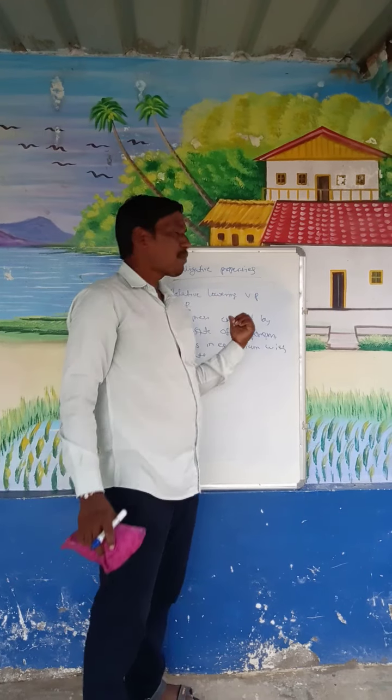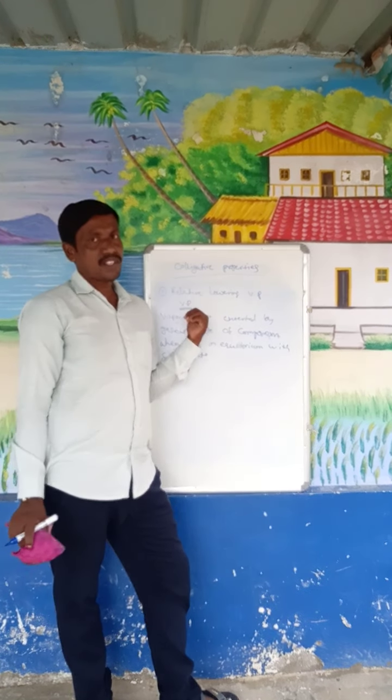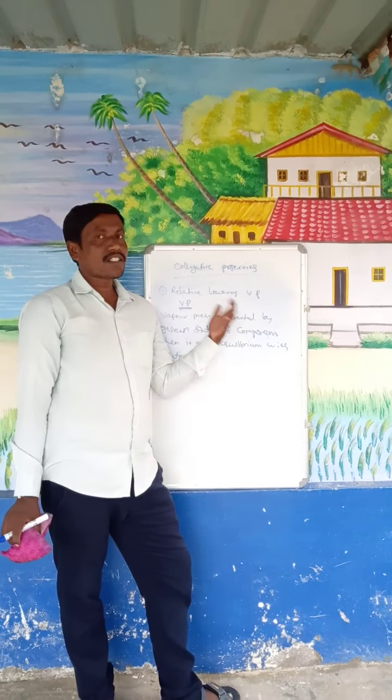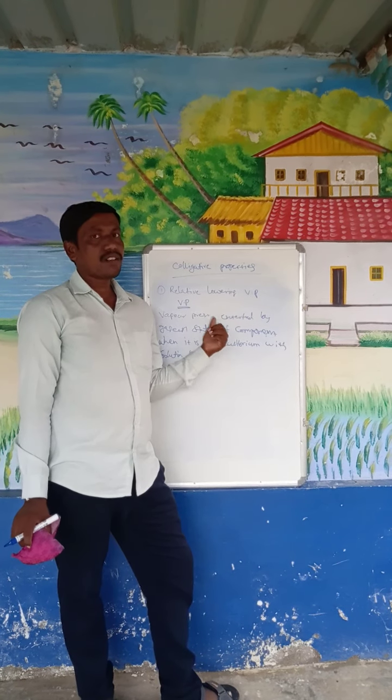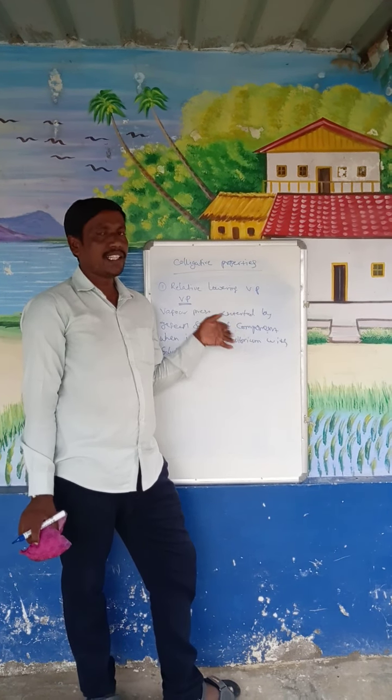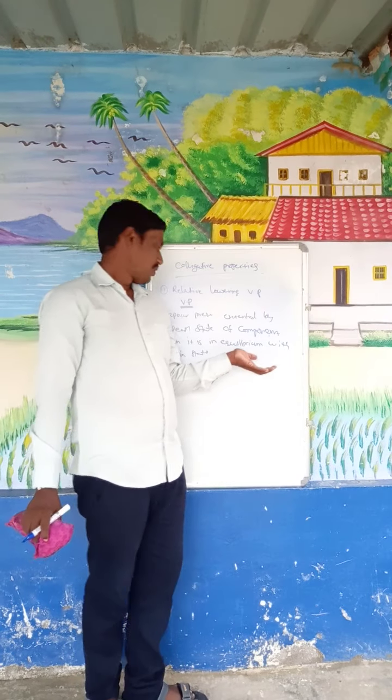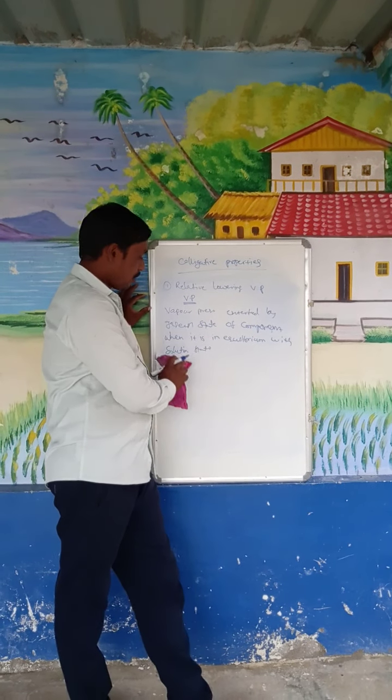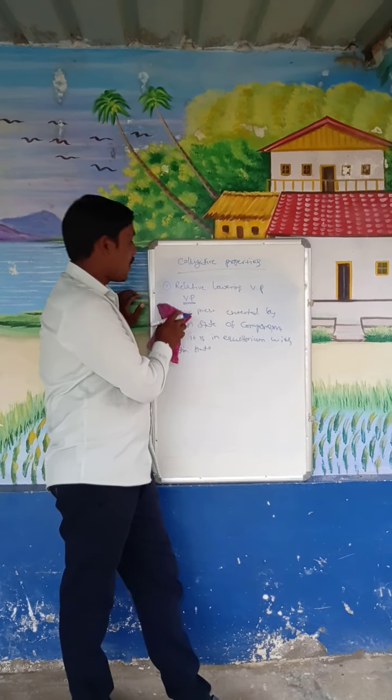The solution vapor pressure is the vapor pressure exerted by the gaseous state of the solution when it is in equilibrium with the solution phase. That is called vapor pressure.